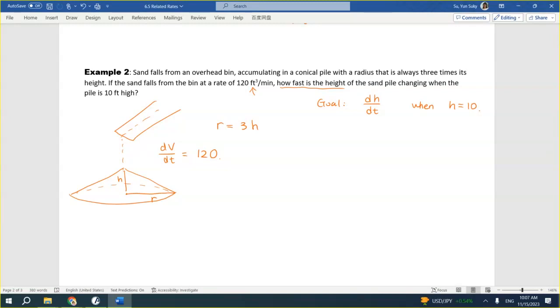Alright. So here we have V and we have r and we have h. We want to find the relations. What is the volume of the cone? Exactly. So V equals 1/3 pi r squared h.